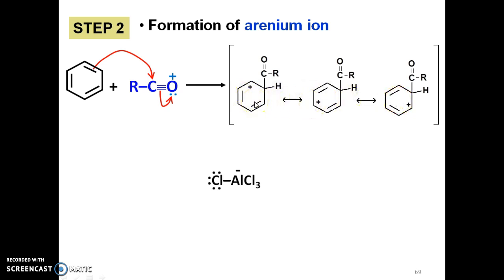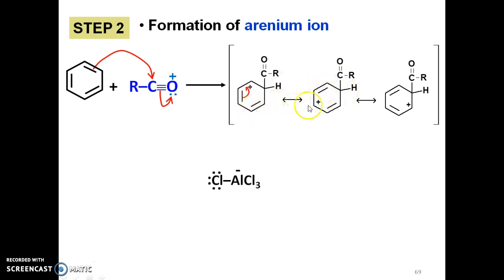Same as what we do in the halogenation of benzene and also in the nitration of benzene, these 2 electrons from this pi bond will donate to the C plus, and then they form a double bond here.